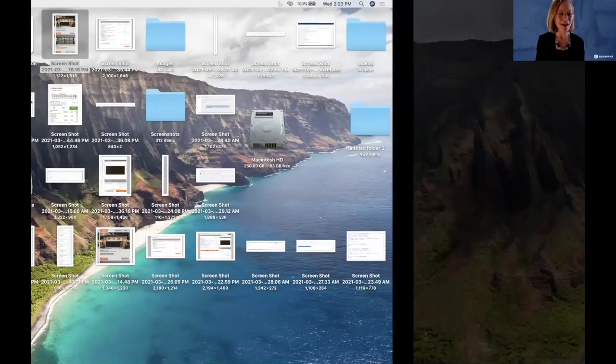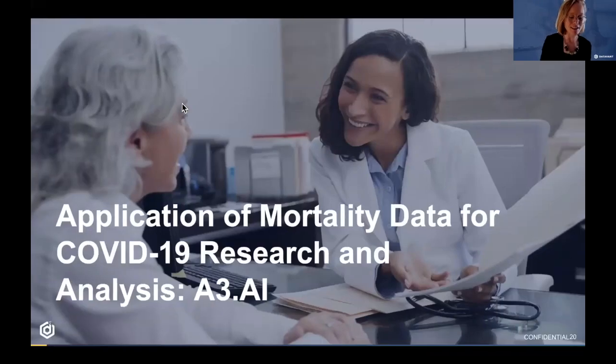And I would just note as we move on to the next presentation, the key thing to note is that the DDI, the death index that we just heard about, that was the standalone DDI. And now we're going to hear from a research group that used a data set that incorporated the DDI, that linked the DDI.